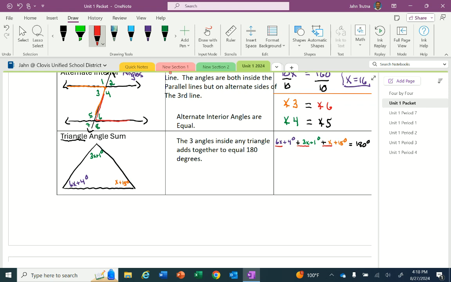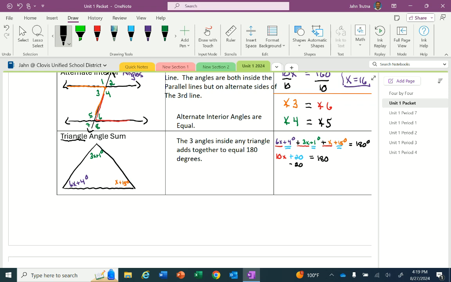Then I'm going to combine the positive 4 with the positive 1, that's 5, with the positive 15, that's 20. So when I combine like terms, I get a much simpler looking equation of 10x plus 20 is equal to 180.